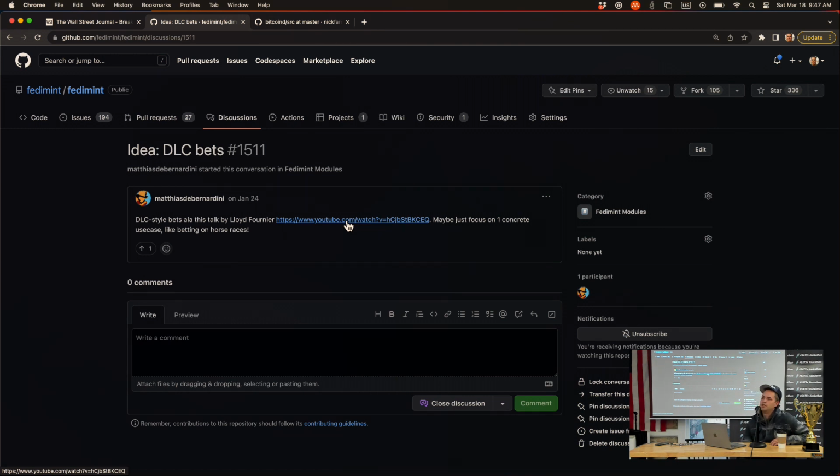It involves DLCs, basically a new way of doing DLCs. This sort of DLC-style contracting works really well on a federation like Fedimint, because if you're trusting oracles to tell you what happened, you might as well just trust them with your money. Then you can have them make payments instantly, add privacy, and a bunch of nice little features.